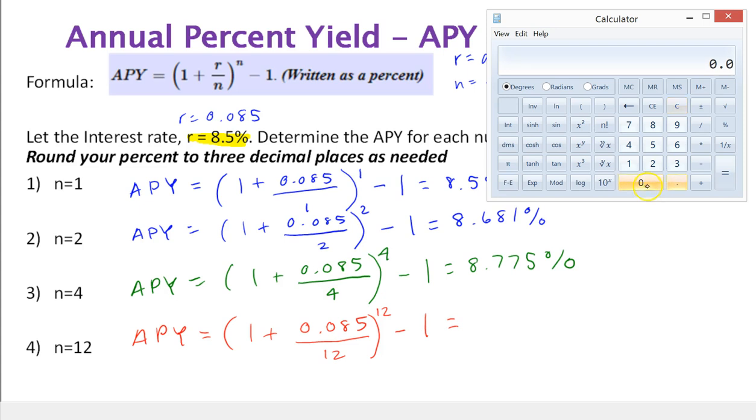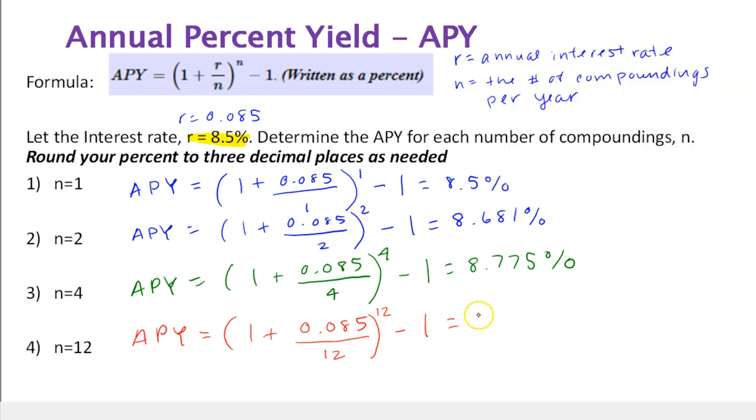And we'll start with 0.085 divided by 12. Then we're going to add the 1. Raise this result to the 12th power. And then we subtract 1. To change this result to a percent, we multiply by 100. And to 3 decimal places, we get 8.839%.